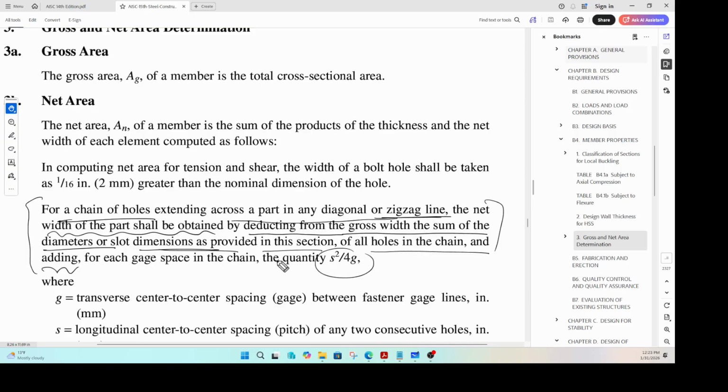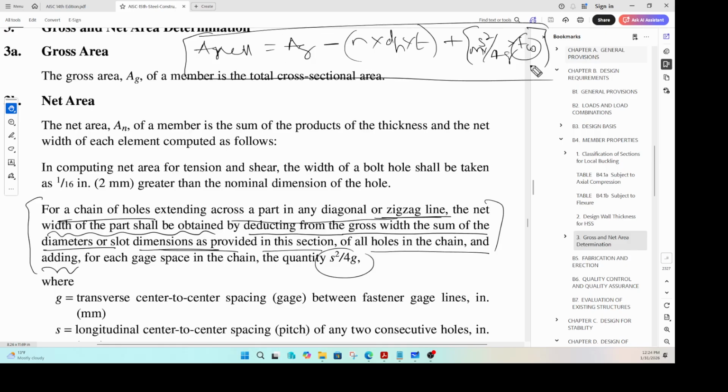You're adding s square by 4g. So A net is A gross minus number of holes times the hole diameter times thickness, right? So this is one area, but you come back and add s square by 4g, however many, let's say you have m of s square by 4g, times the thickness. I think I forgot the thickness term in my last explanation.